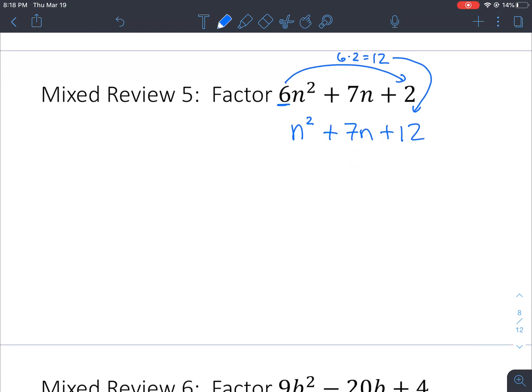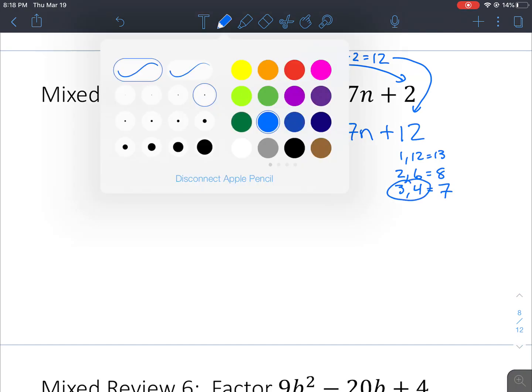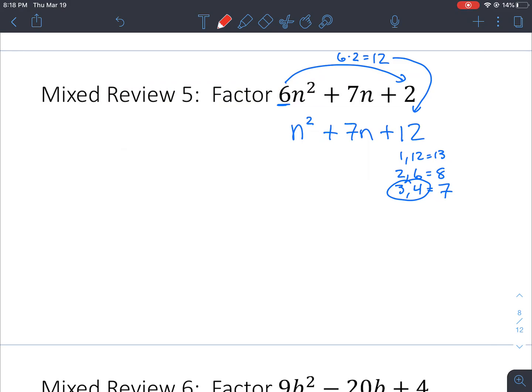So I'm thinking now, what two numbers are going to multiply to 12, add to 7? Well, 1 and 12 is 13. 2 and 6 is 8. 3 and 4, 7. Perfect. So what we do now at this point is we rewrite our original problem, 6n squared.